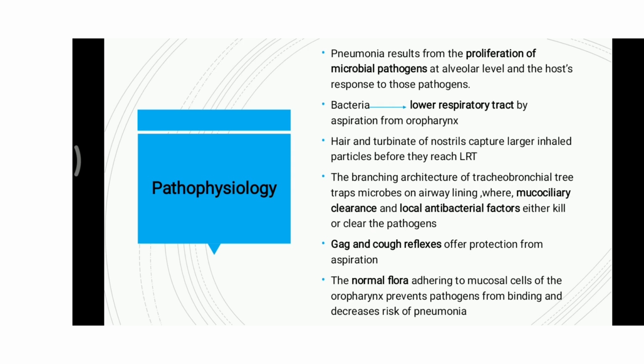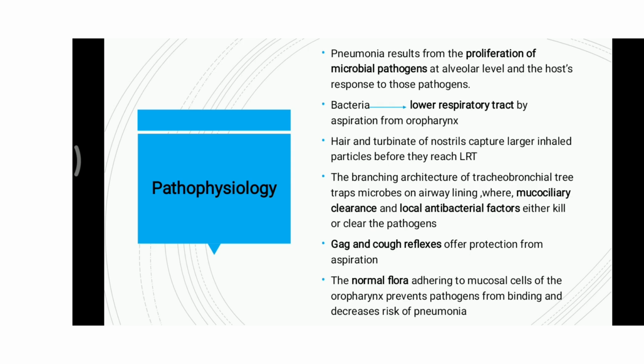The first one was the hair and the turbinate of the nostrils capturing the particles. The next one was mucociliary clearance as well as the local antibacterial factors killing the pathogens. The third one is the gag and the cough reflex.